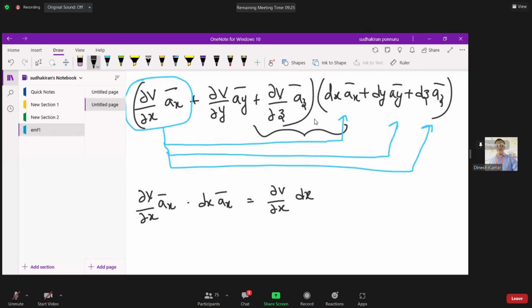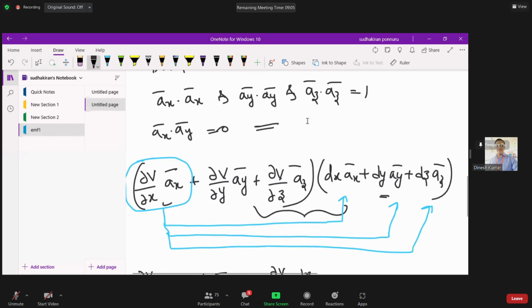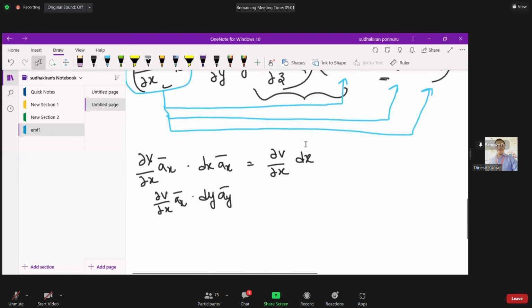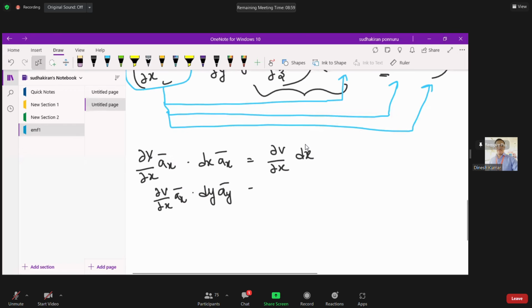Similarly, what will be the second term? Dou v by dou x into ax bar multiplied by the second value, that is dy ay bar. If you do the product between two different unit vectors, that is ax bar dot ay bar, I told you that the value is 0. So its value is equal to 0. What is the third term?